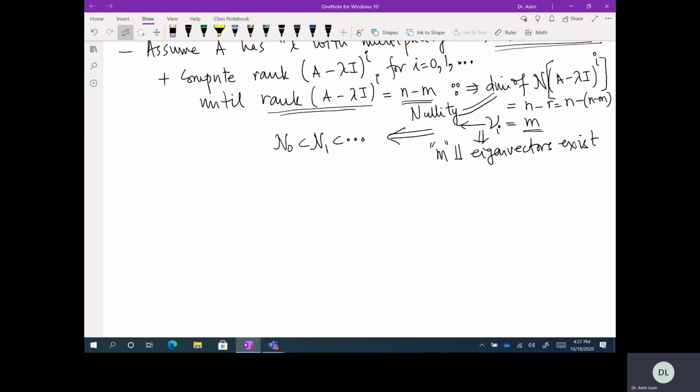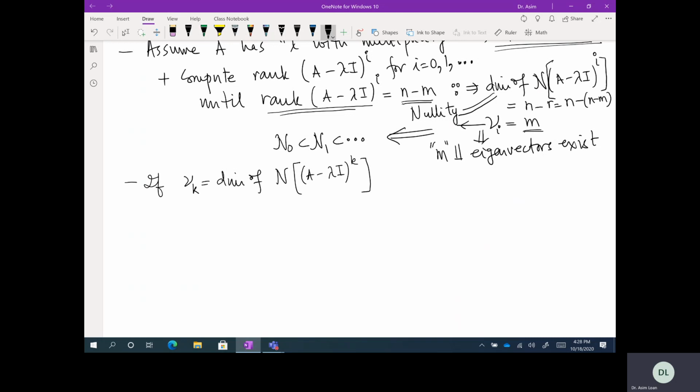Okay, so if the nullity, so vk is the dimension of the null space of (A minus lambda I)^k. So vk is the dimension of the null space of (A minus lambda I)^k.